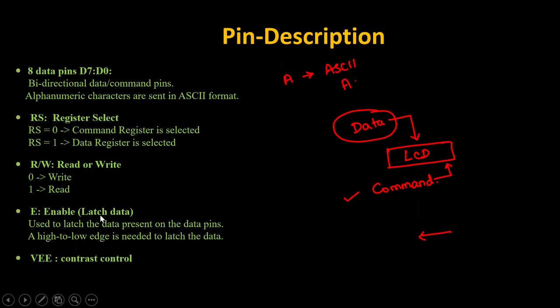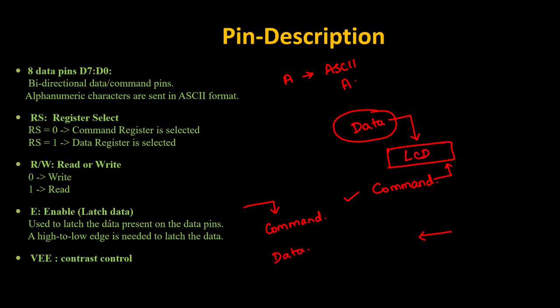Enable is used to latch the data present on the data pins. A high to low edge is needed to latch the data, which means you have some data, and you want to put that data inside your command register or inside your data register, right?